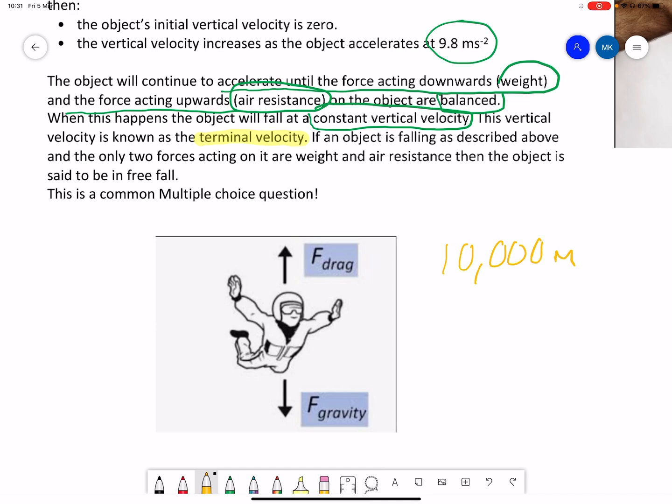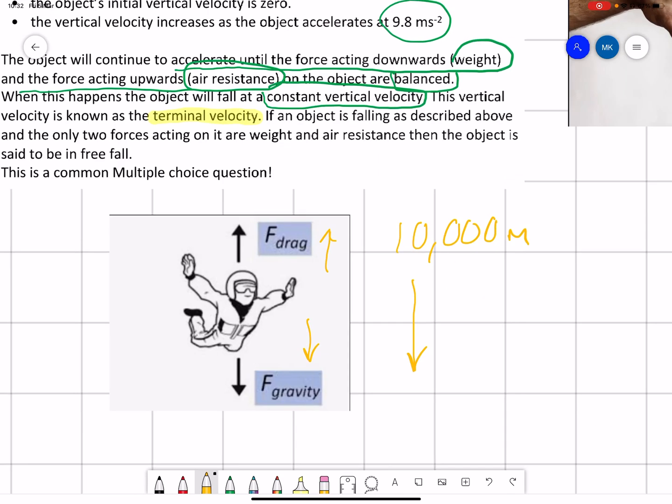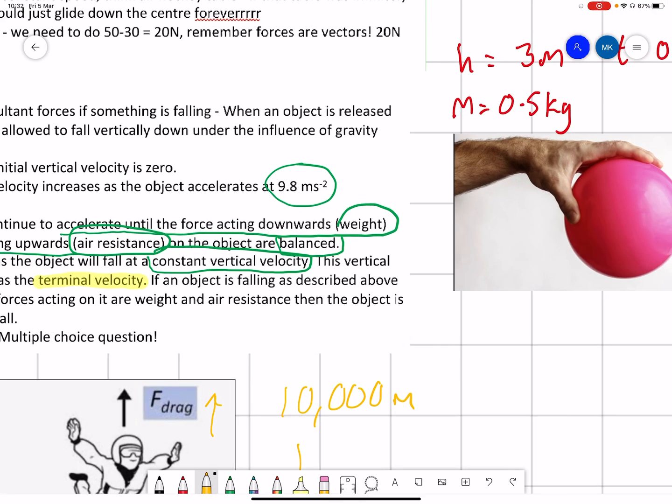Gravity is naturally pulling him down. When the gravity pulling him down and the air resistance or the drag becomes equal, he will now travel downward at constant velocity. And that is your terminal velocity. I hope that makes sense.